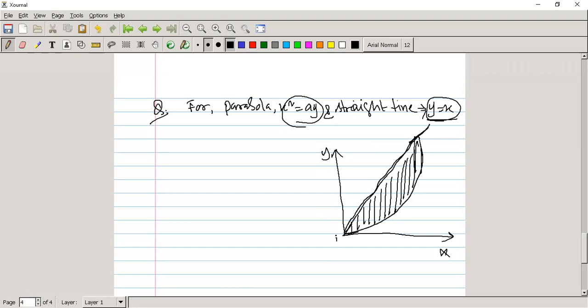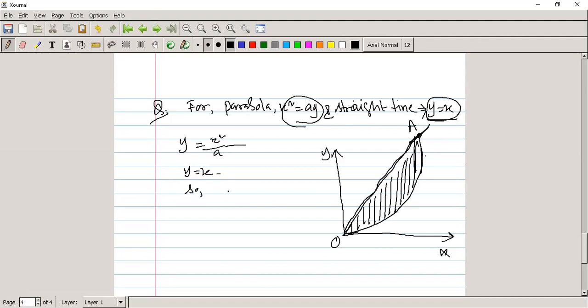In that case we have to do the same thing two times because there are two different lines. Clear? So one is y is equal to x square by a, this is a parabola. Another one is y is equal to x, this is a straight line.